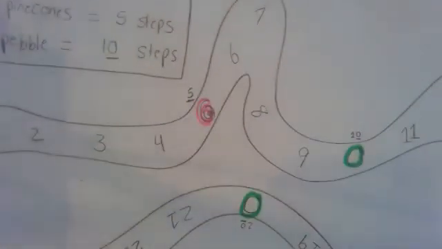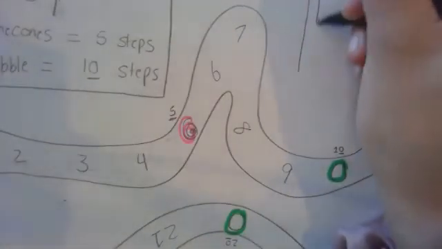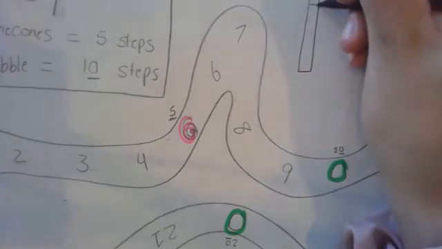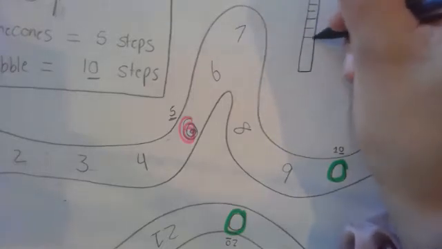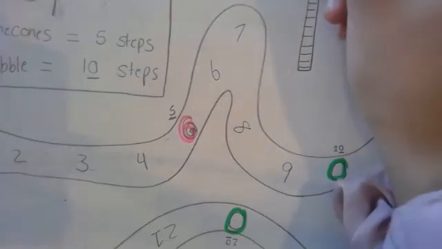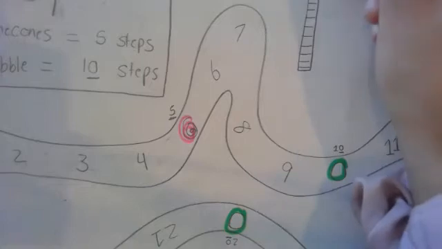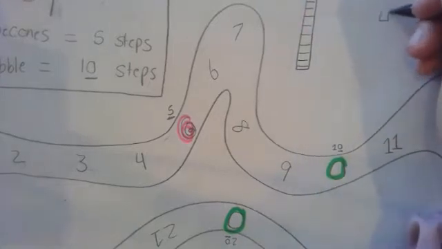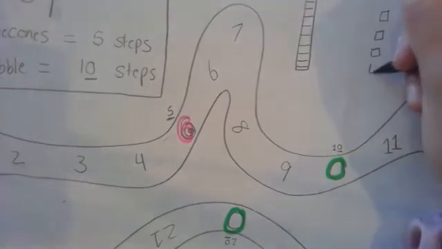Think of them. I wish we had Unifix cubes. Think of the trains. Each train represents 10. So 1, 2, 3, 4, 5, 6, 7, 8, 9, 10. This is a train of 10. And then these are individual ones.